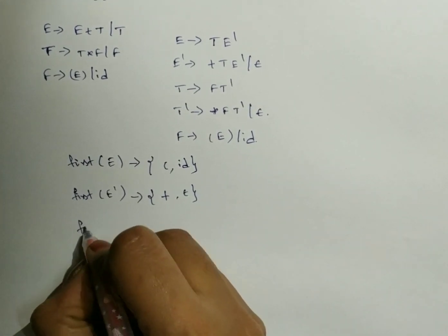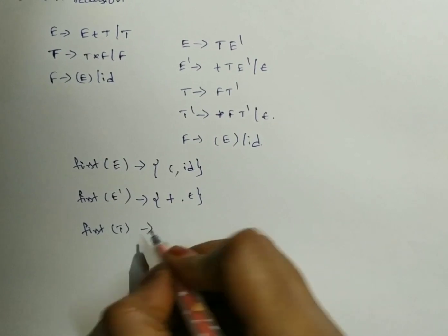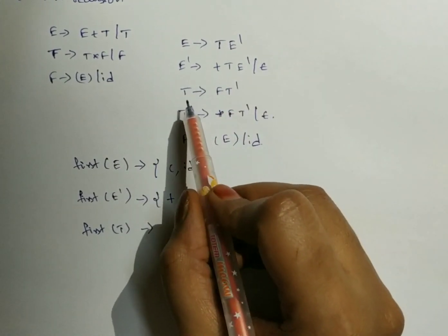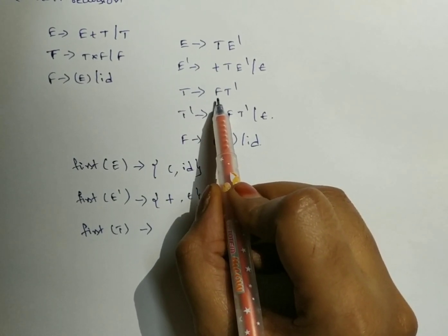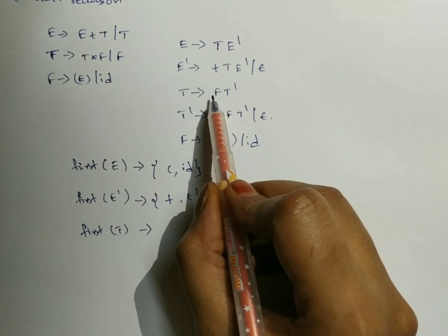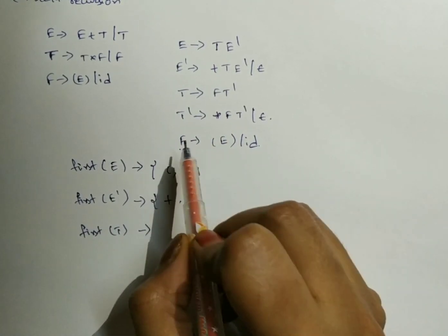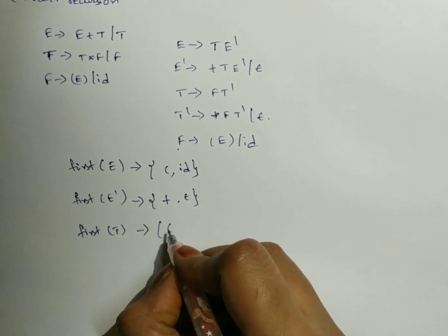Now first of T, this statement will be considered. T derives FT dash, where F is a non-terminal value, so it refers to this statement. F derives open bracket.